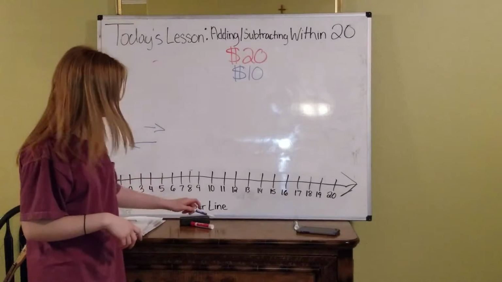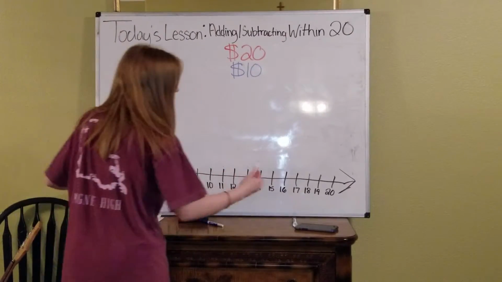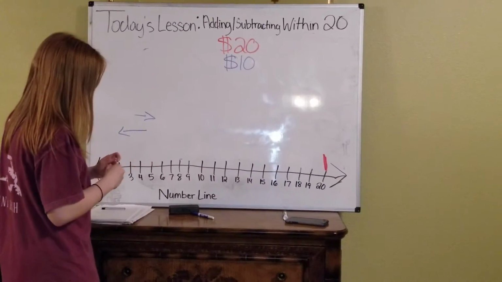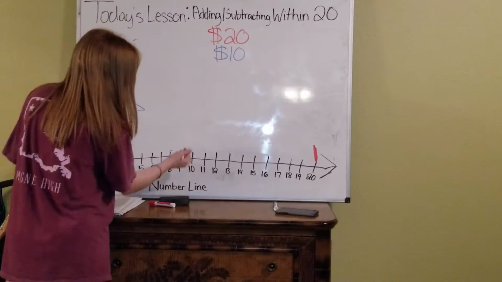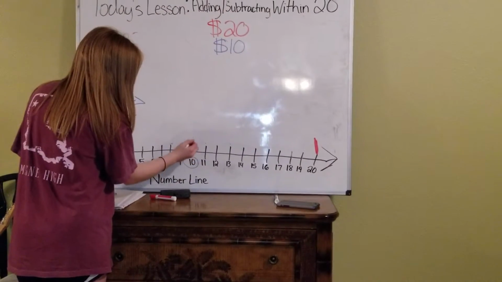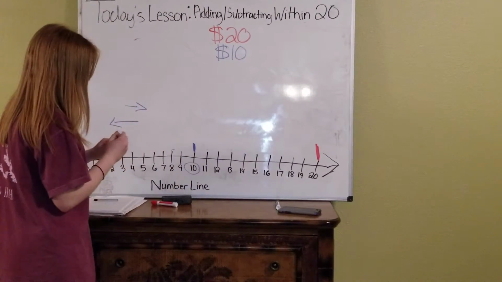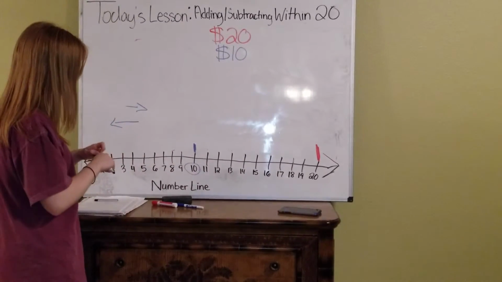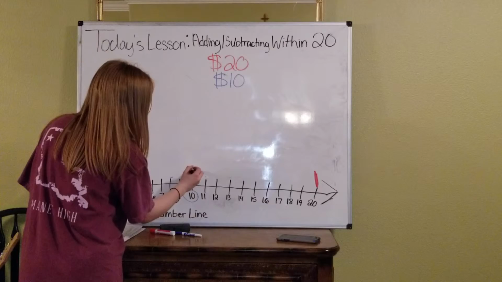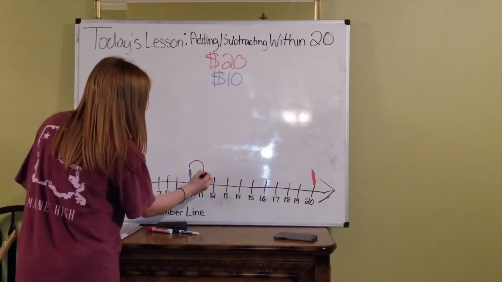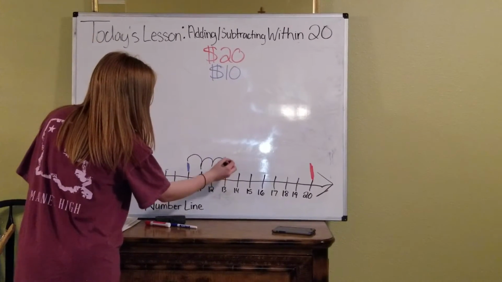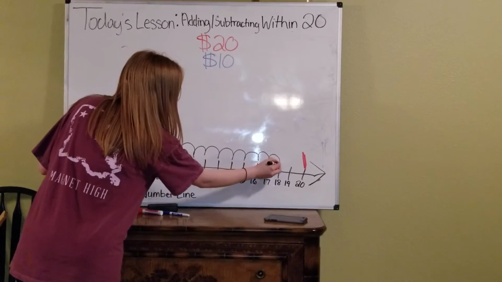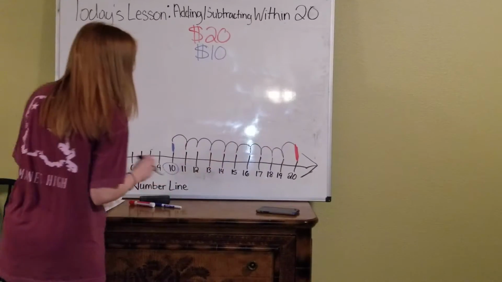And how I know this is you find the number 20 on this little number line, and you find number 10, which is right here. And you're going to fill in the spaces once again like we did in the past examples, and you're just going to hop on over. So 1, 2, 3, 4, 5, 6, 7, 8, 9, 10.